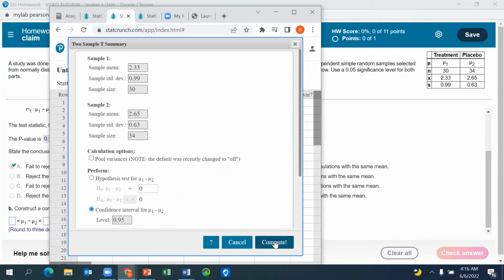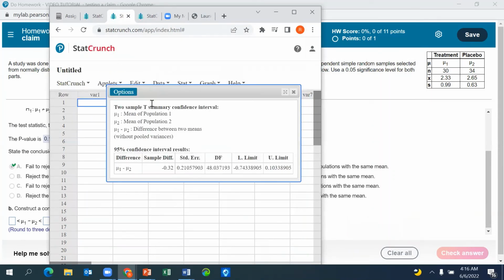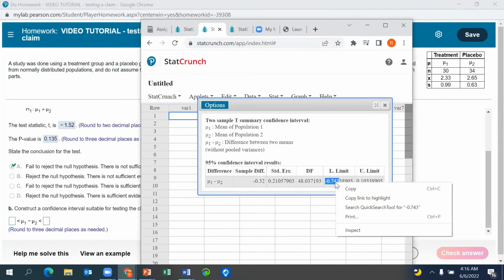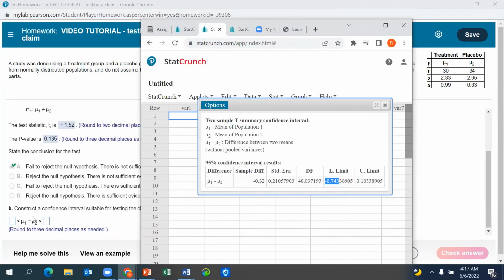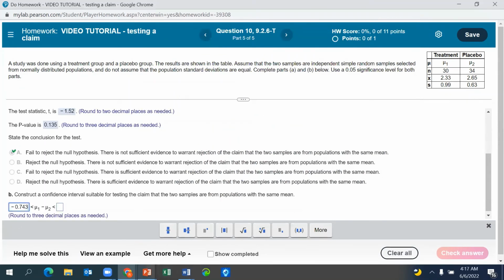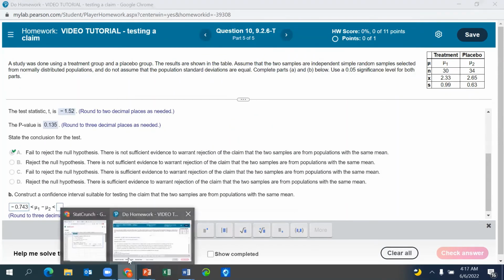And let's hit compute. Now, the lower limit is negative 0.743. They want 3 decimal places. So the last number is not going to change. And now let's get the other value.